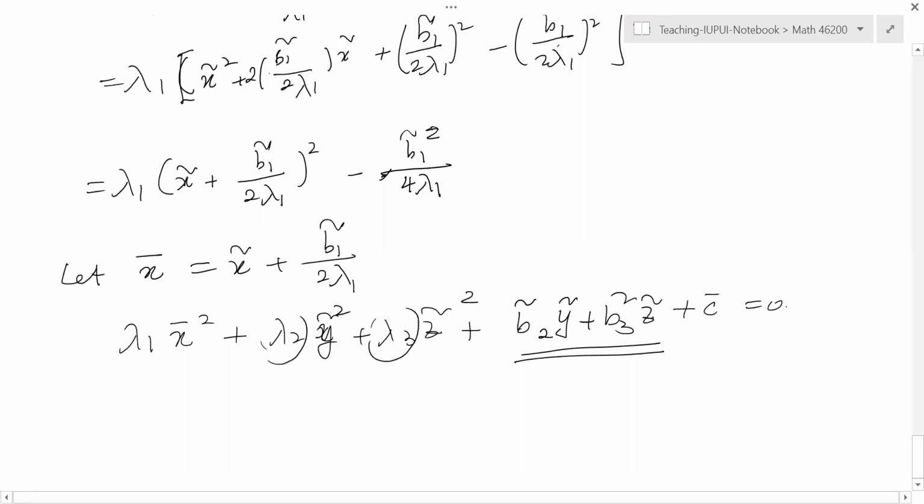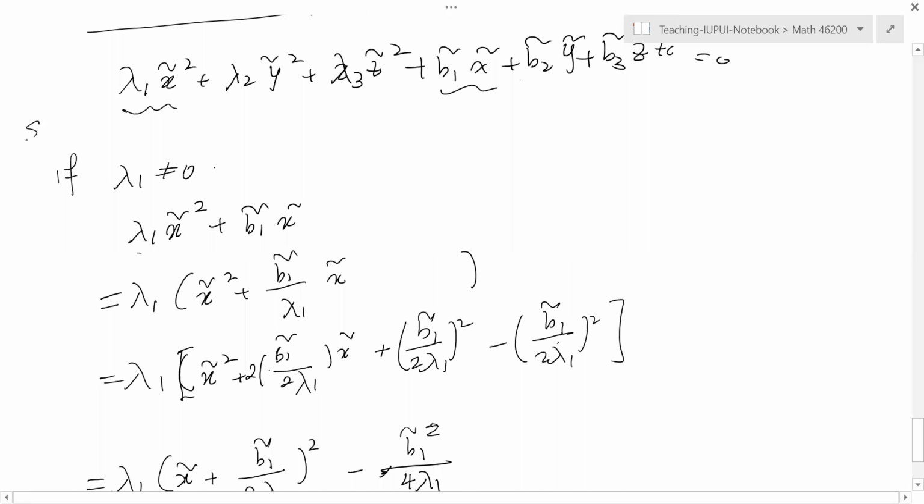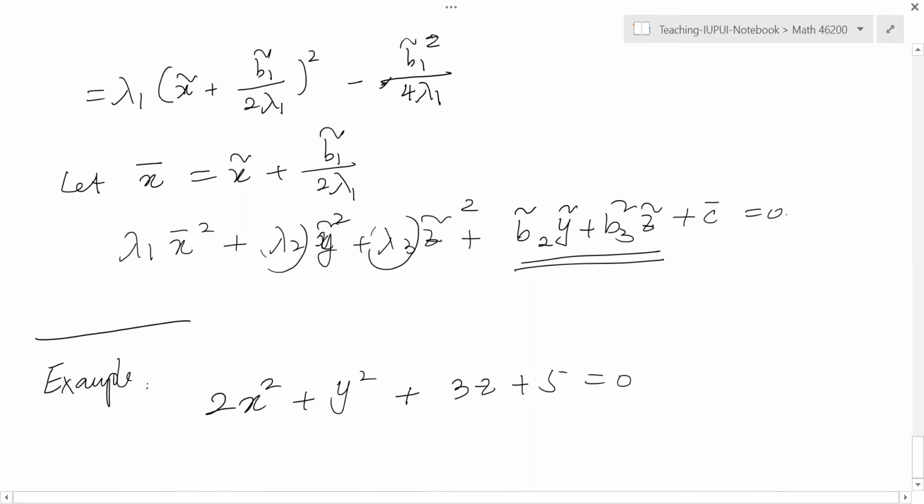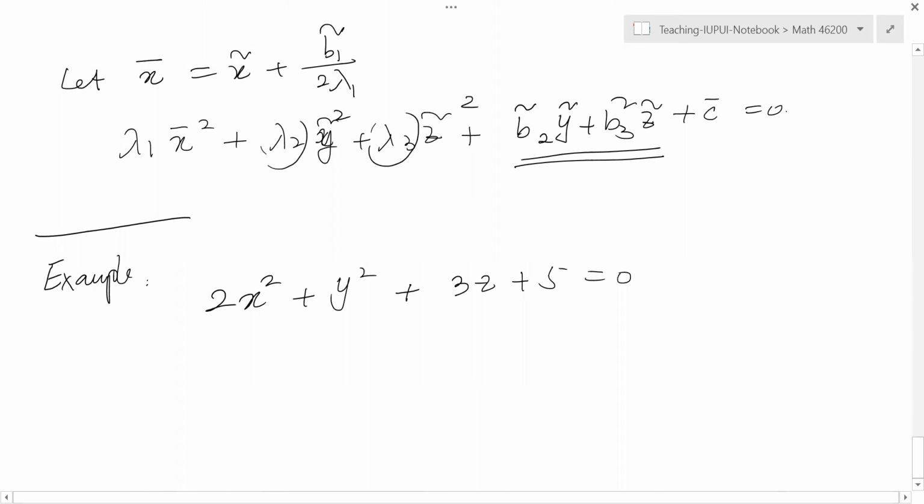So this is a second step: how do we get rid of the linear term? Sometimes you can get rid of it, sometimes you cannot. For example, if we already have 2x² plus y² plus 3z plus 5 equals 0, in this case you are not able to get rid of z because there's no z² there.